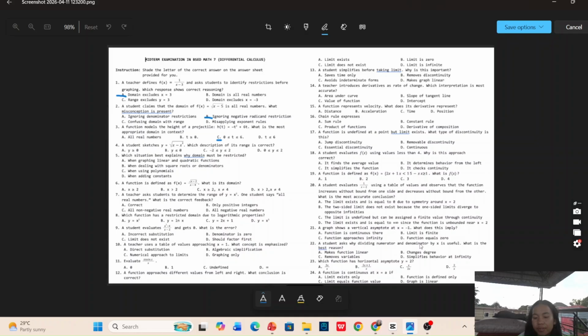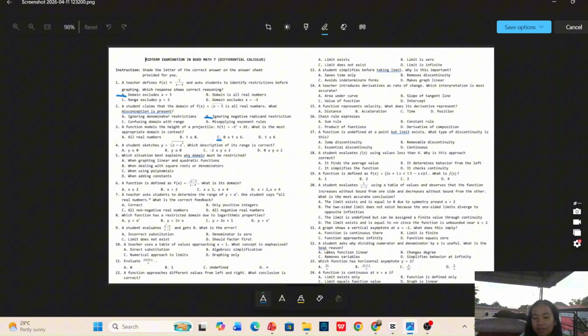But since y equals 2, there is another rule: if the degree of the polynomial of each function is the same, then the leading coefficients must be divided.